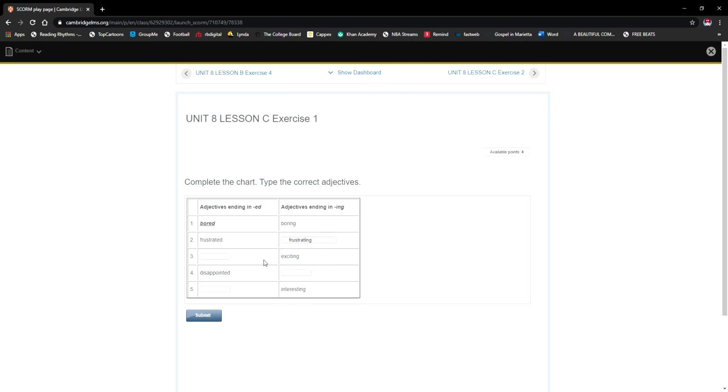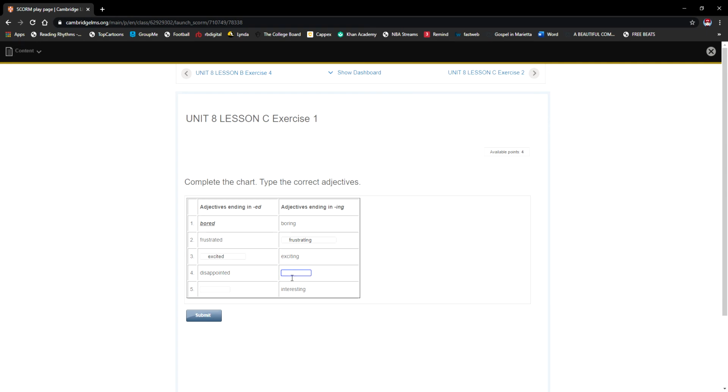Okay, so let's look here. You have the ing form, and then what is the root? Excite, and then you add ed, excited. That's it. Is that what you did? Good job. Excited. Very good.